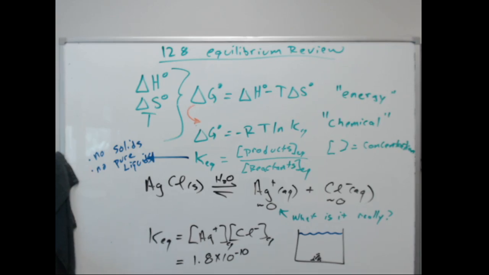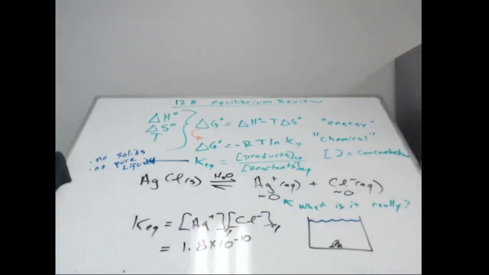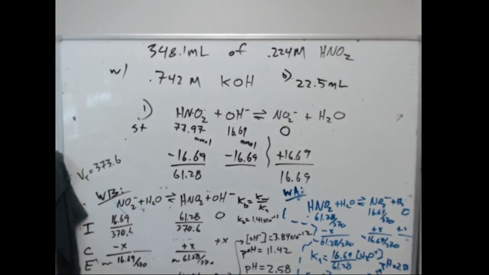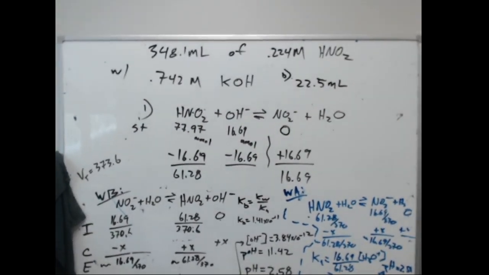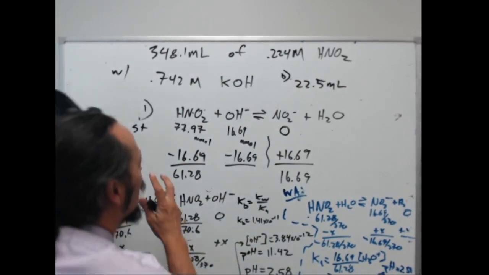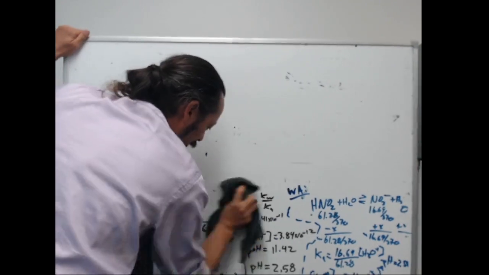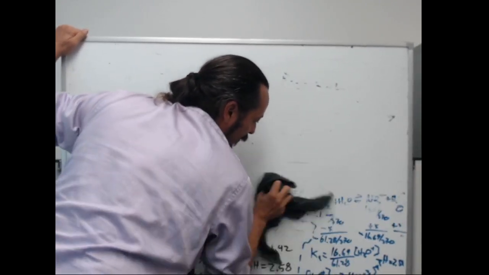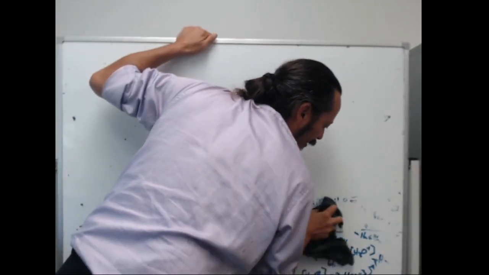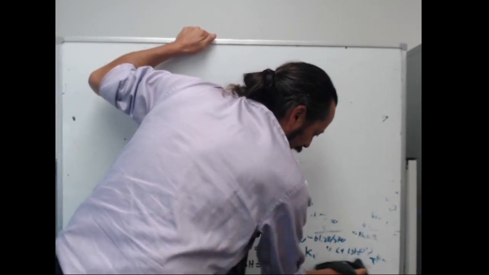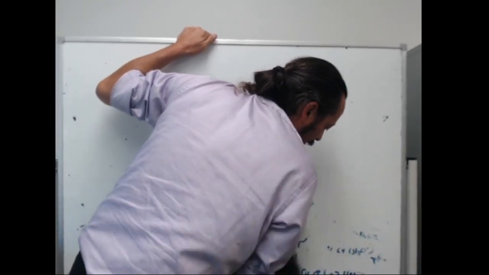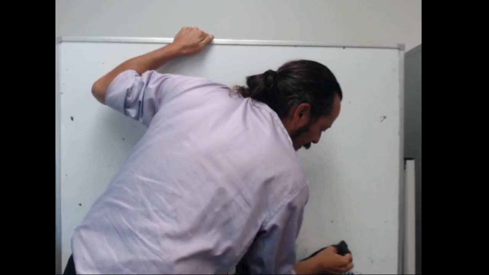The obvious question becomes, well, what if we're not in equilibrium? Hey, this is a problem we'll do later in the quarter. So what happens if we're not at equilibrium? Well, we come up with another value to talk about situations that are not at equilibrium.